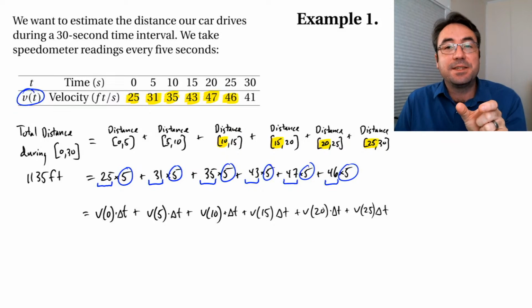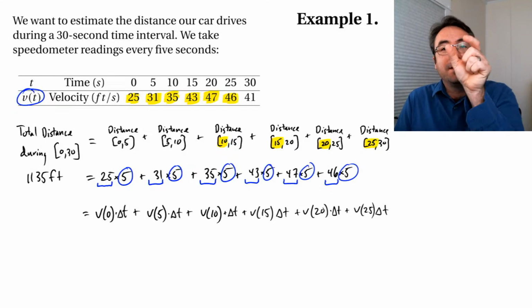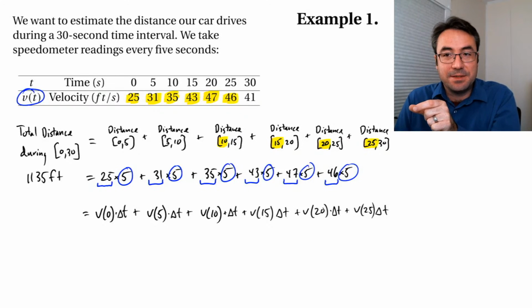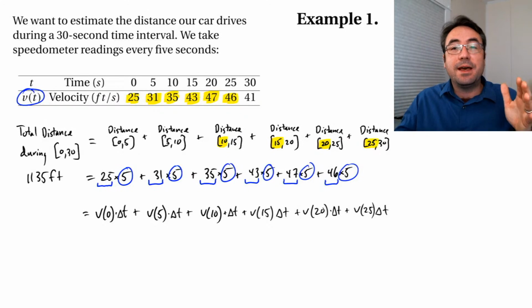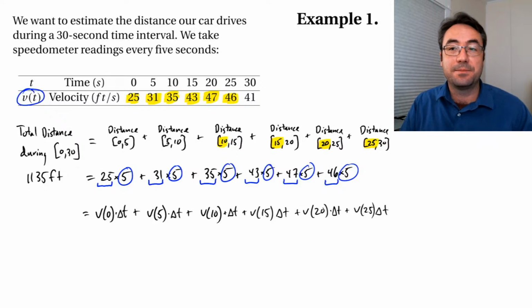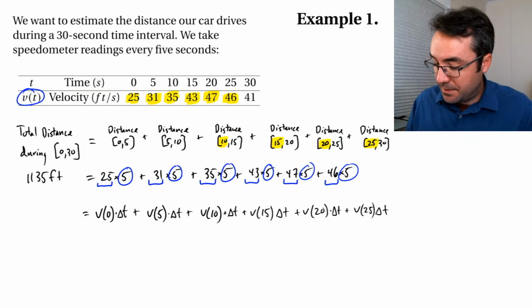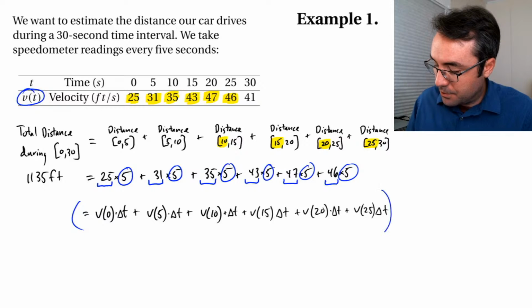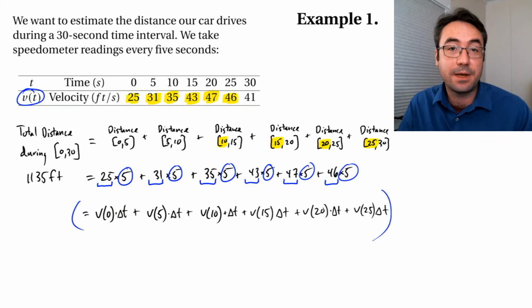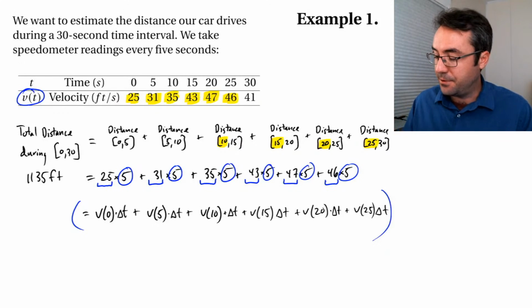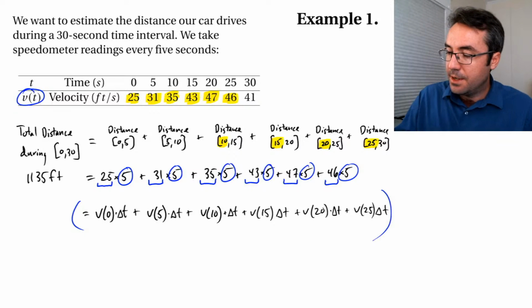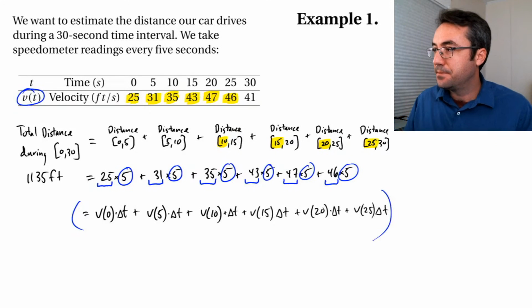Then it's the velocity at time 5 times delta t. Then it's the velocity at time 10 times delta t. And we just keep doing that, and then add all the results together. So this is really the behind the scenes of what we're doing with our numerical calculations here. And we're going to see how to write this a little bit easier in a few minutes. So that's total distance.